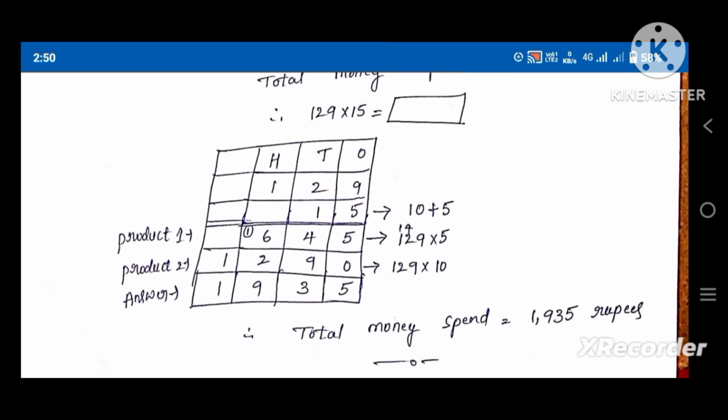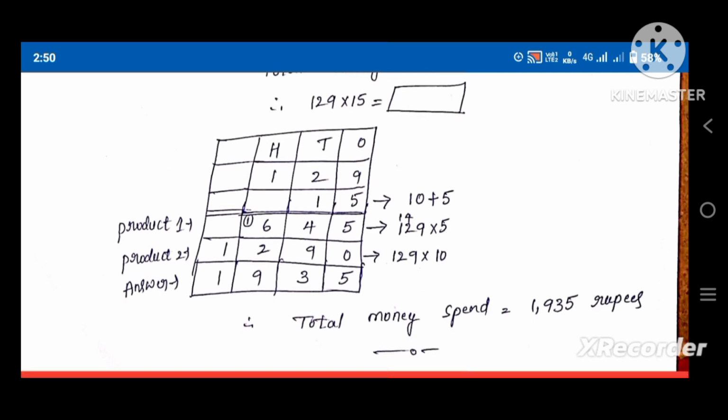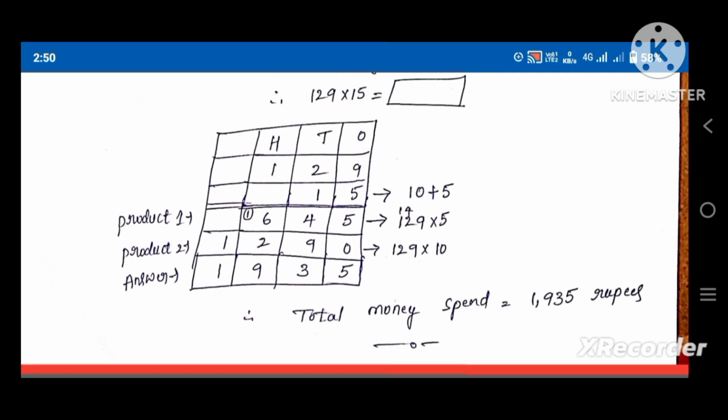Multiply 129 by 15. 15 means 10 plus 5. Product 1 is 129 into 5.